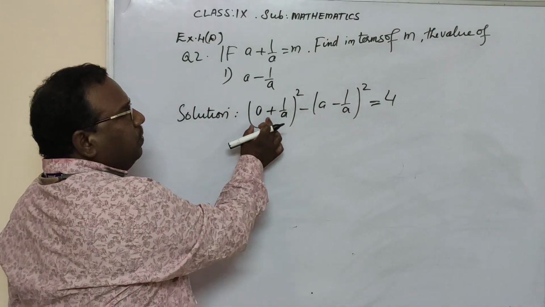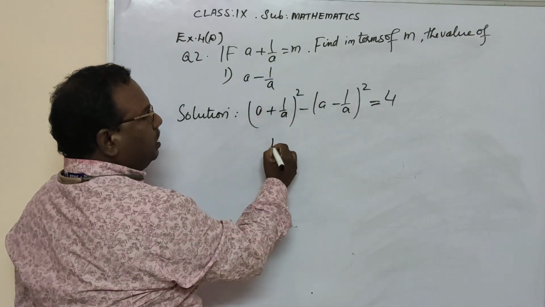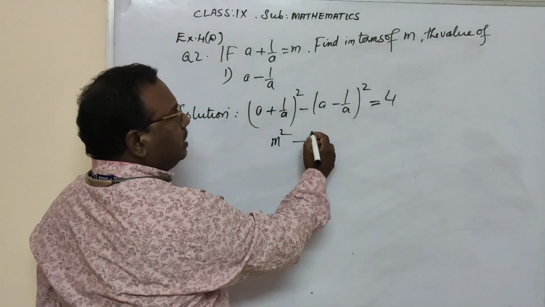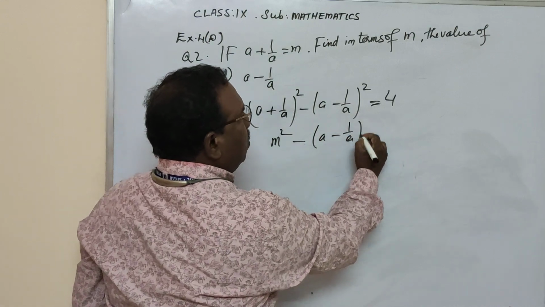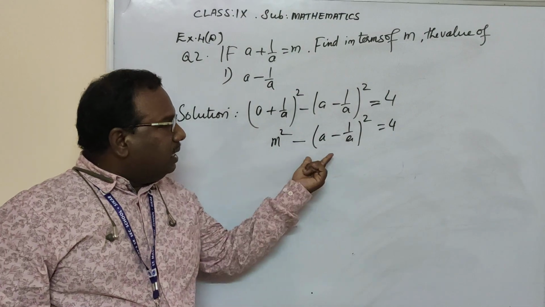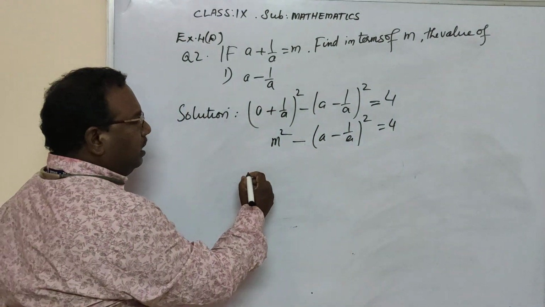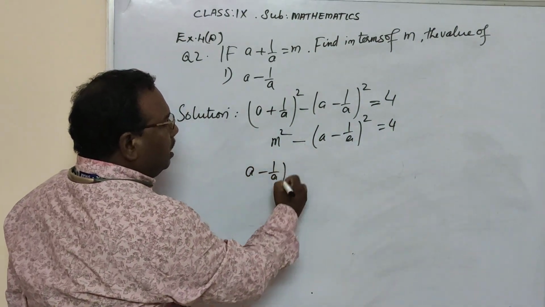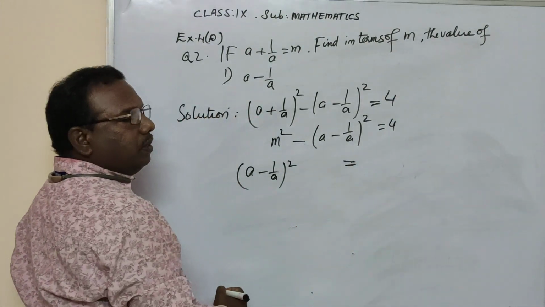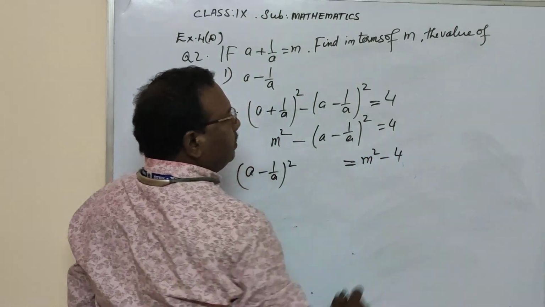We will put the value of a plus 1 by a. We know a plus 1 by a is equal to m. So we get here m square minus (a minus 1 by a) whole square is equal to 4. We needed the value of a minus 1 by a. This term is negative, so let's take it to RHS. So that we get (a minus 1 by a) whole square is equal to m square minus 4.